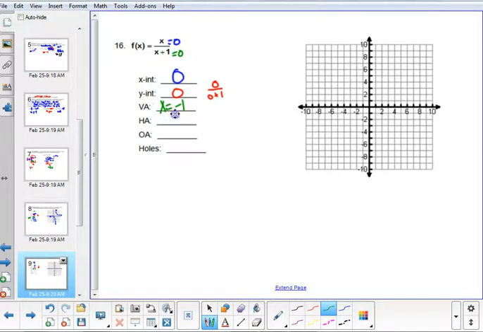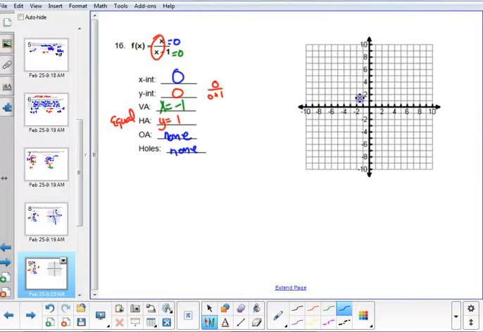Horizontal asymptote, it is an equal weight, or even weight, some people call it, fraction. So when it's equal weight, I'm supposed to look at the coefficients of the lead terms. So my horizontal asymptote is at y equals 1 over 1, which is y equals 1. Since it's equal weight, there's no oblique asymptote, and we saw earlier that there were no removable discontinuities.